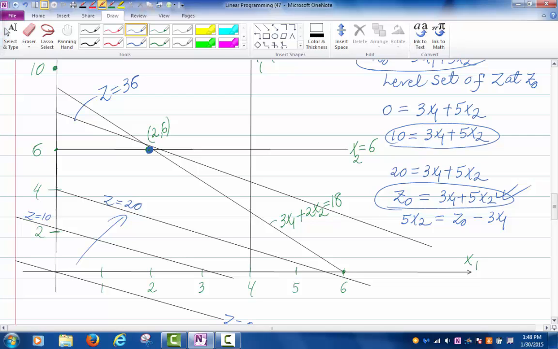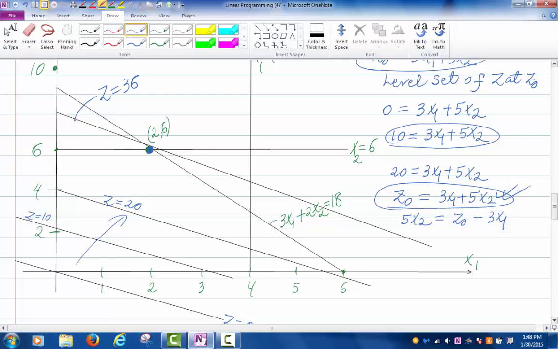And so that's how geometrically I know that the optimal solution, remember I said the optimal solution was at (2, 6), and geometrically I know why that's the case. Is everybody okay with that?